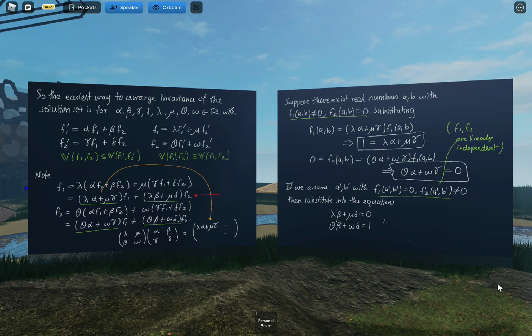So what I've just computed in these four equations is that under those conditions, that A, B and A prime, B prime exist with the given properties, I have proven that this matrix lambda, mu, theta, omega, times alpha, beta, gamma, delta is equal to 1, 0, 0, 1.